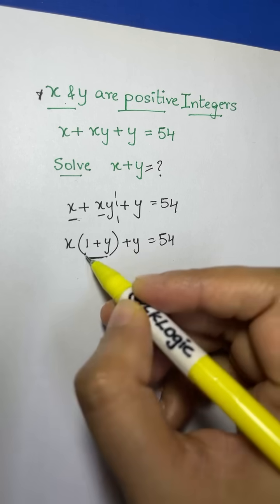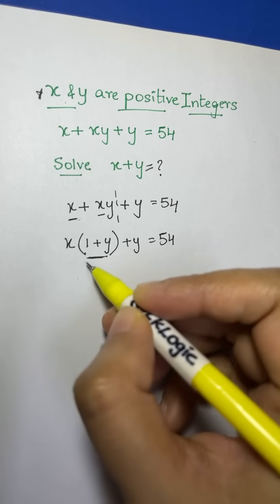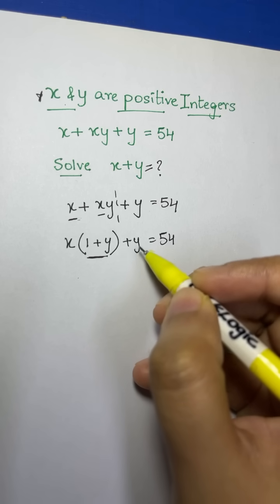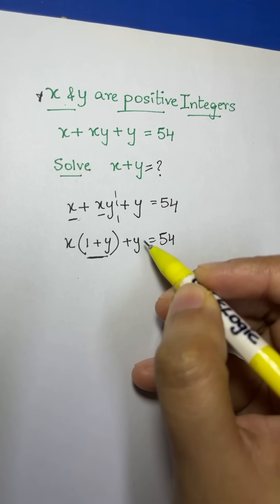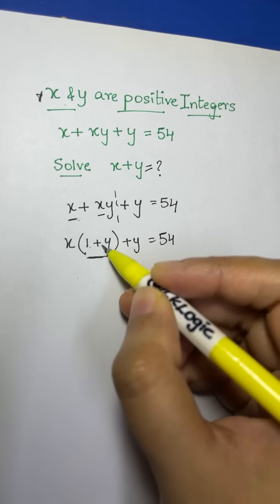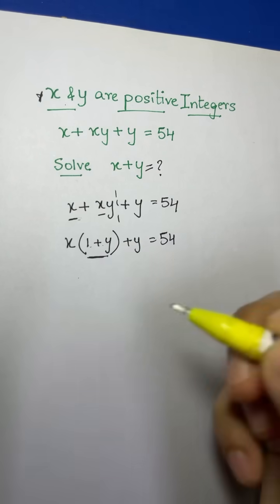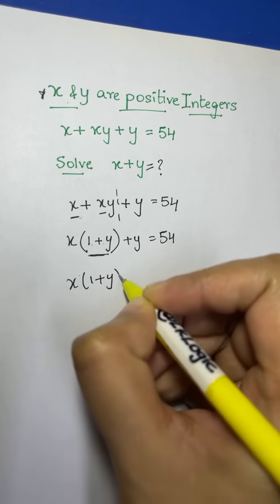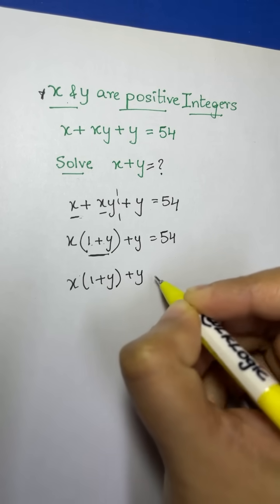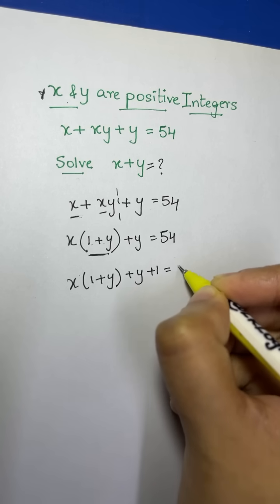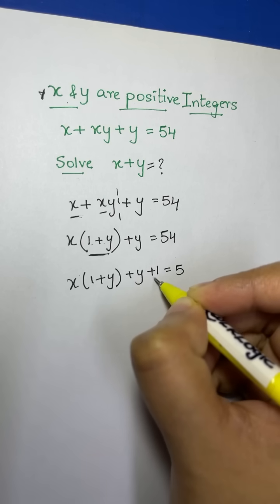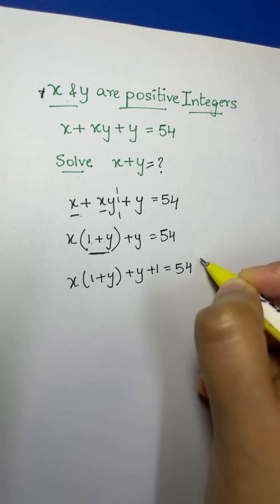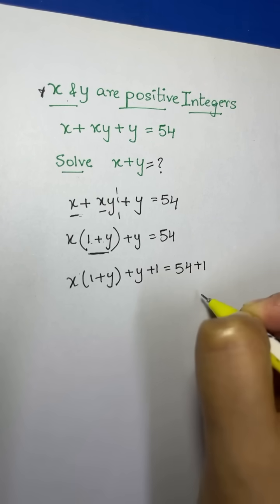To factor the left hand side, we just add a 1 so that we can have 1 plus y. So we'll have x into 1 plus y, plus 1 equals, now as we have added 1 on the left hand side, we need to add it on both sides, 54 plus 1.